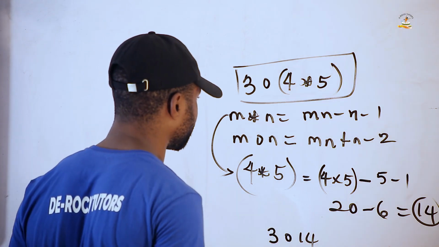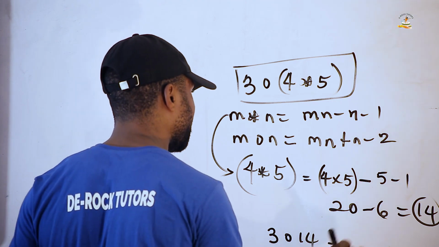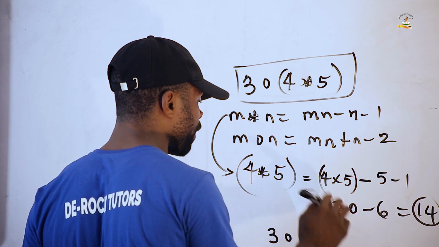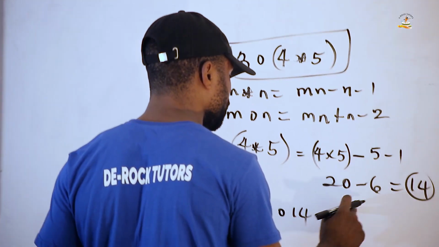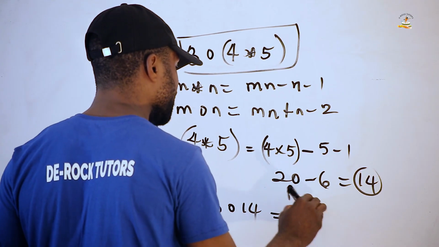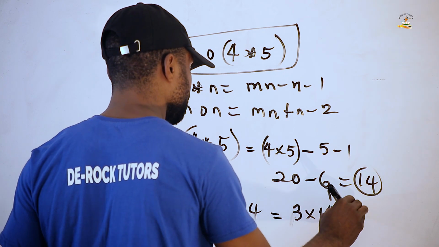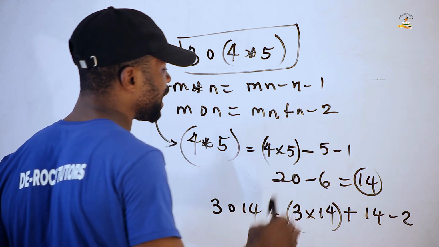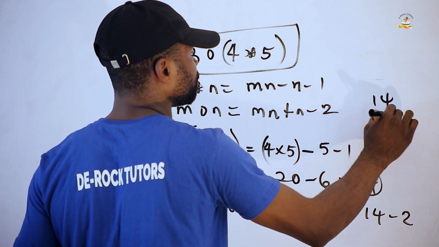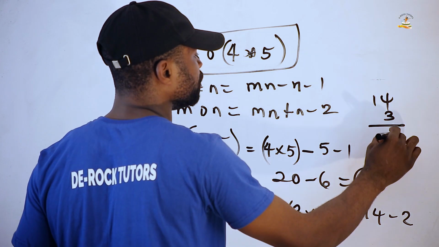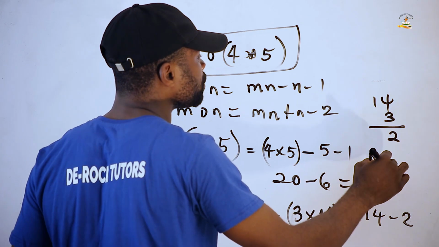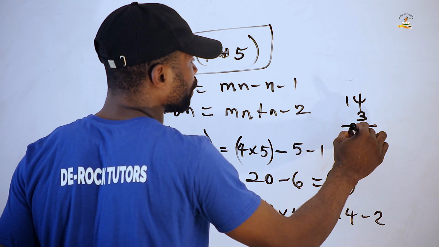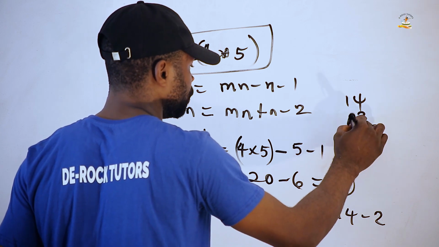This 3 operation 14 will be evaluated as 3 for m and 14 for n. It becomes 3 times 14 plus 14 minus 2. So 3 times 14 is 42.